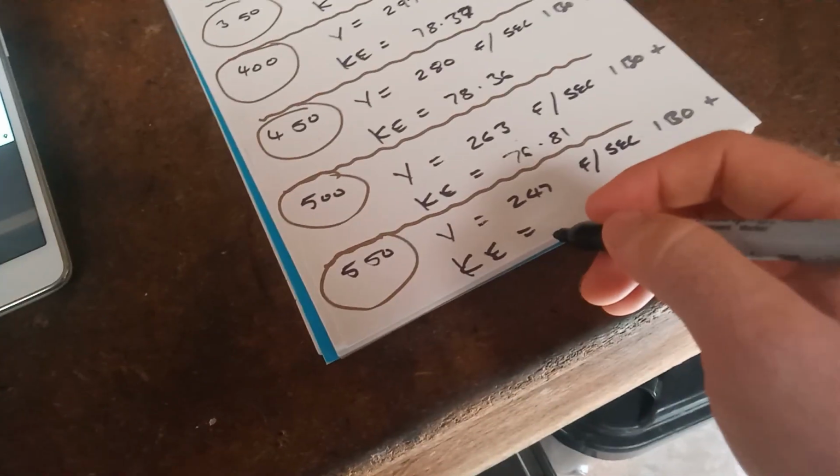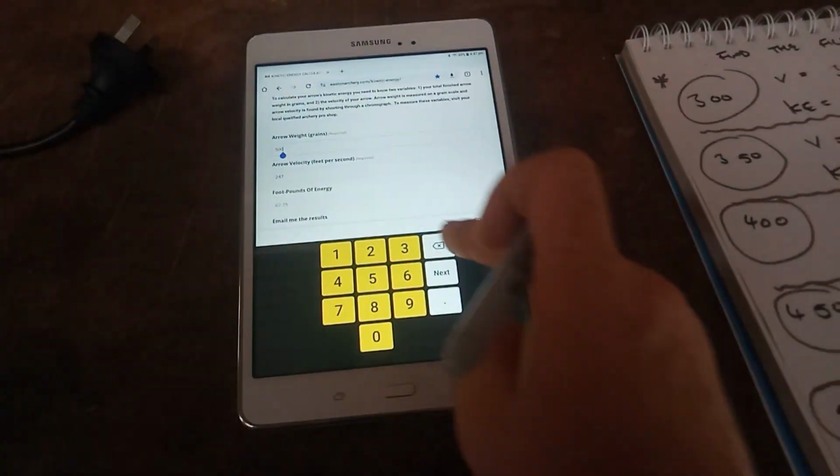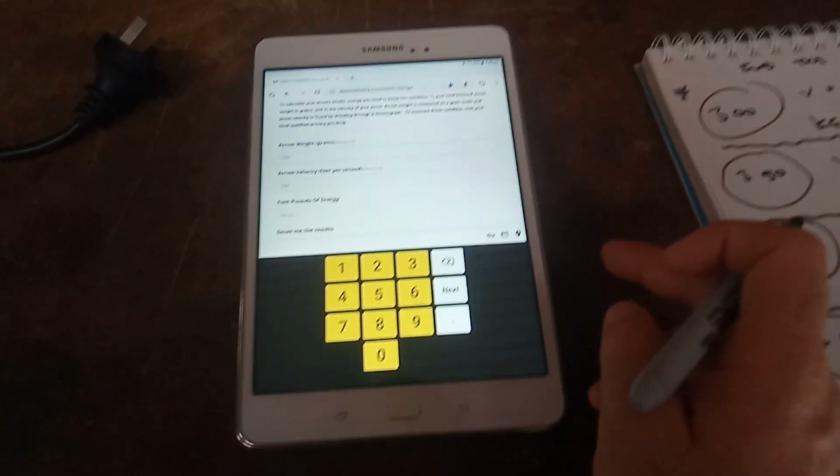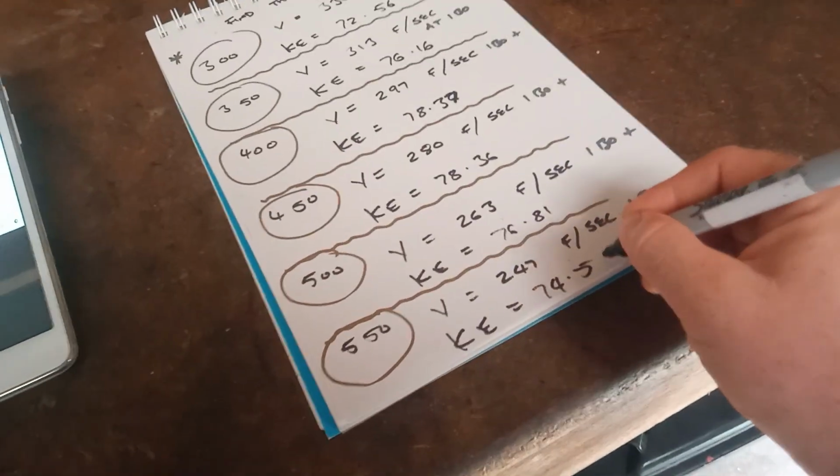And the last one, 550, was 247 feet per second, and it was 550 grains, 74.53.